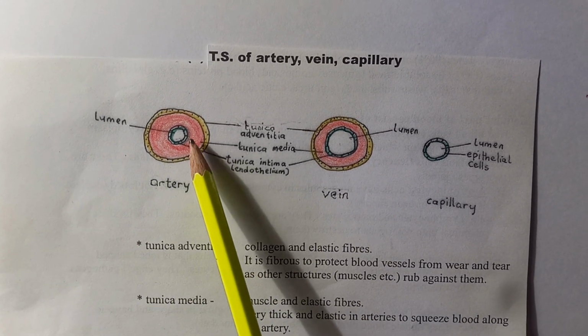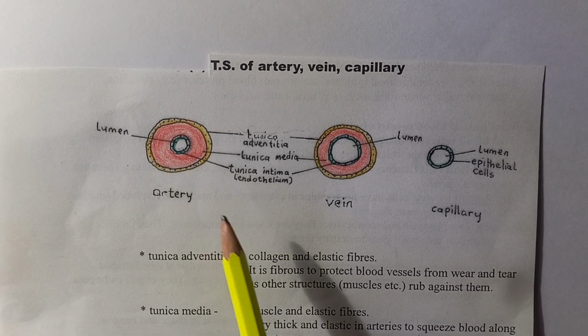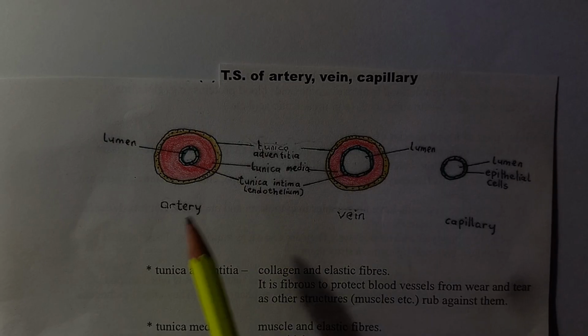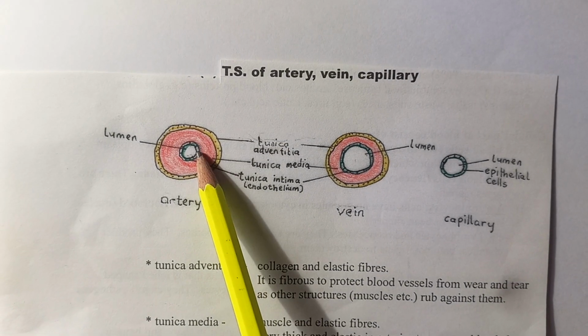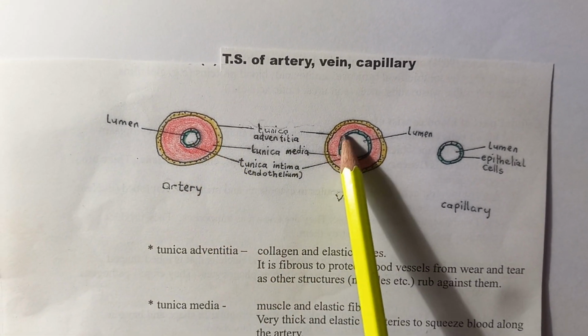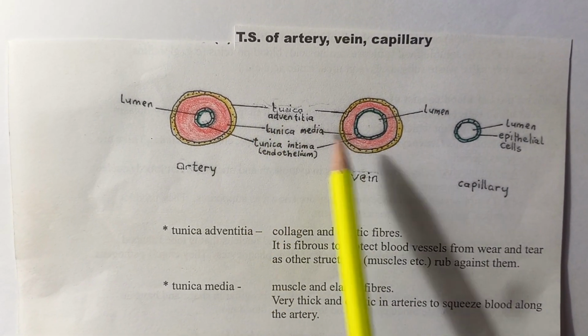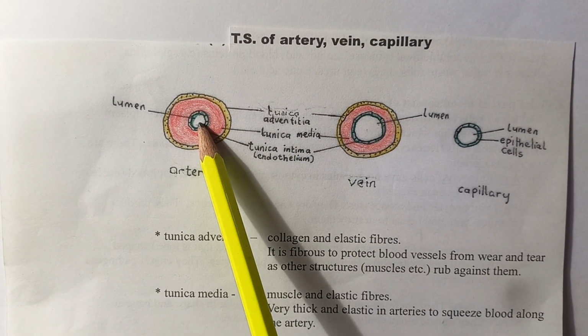Then you have a middle layer of muscle and elastic fibers in the artery and the vein. Then you have an inner endothelium, very thin epithelial cells. That's the inner one, and these surround a space called the lumen.